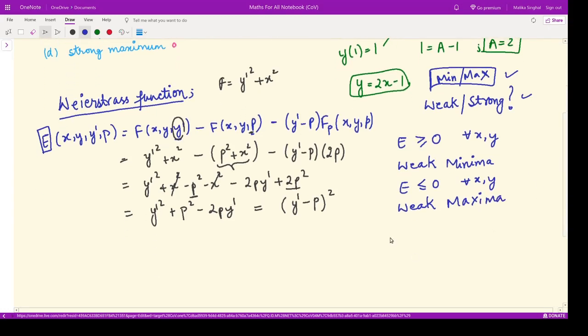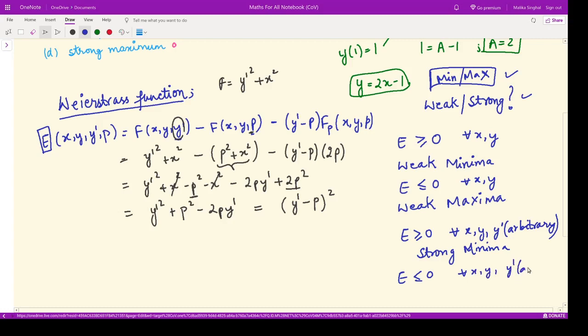Moreover, if this E is greater than or equal to 0 for all x, y and y dash, where this y dash is arbitrary, then we have strong minima. And if this E is less than or equal to 0 for all x, y and any arbitrary y dash, then we have strong maxima, right?